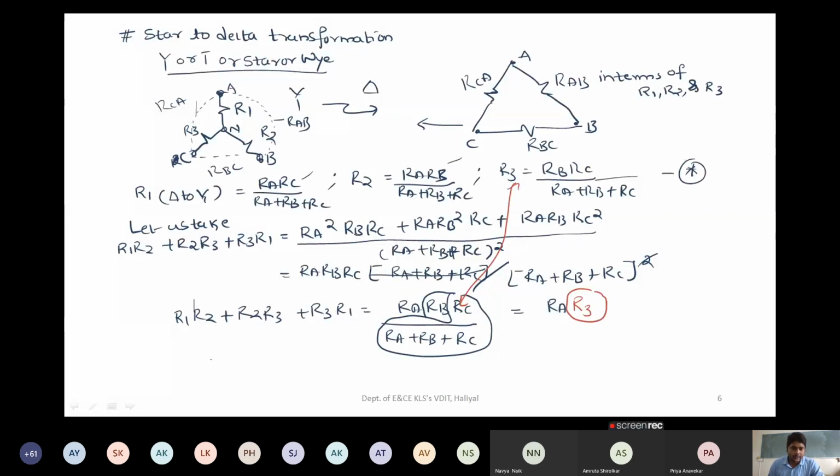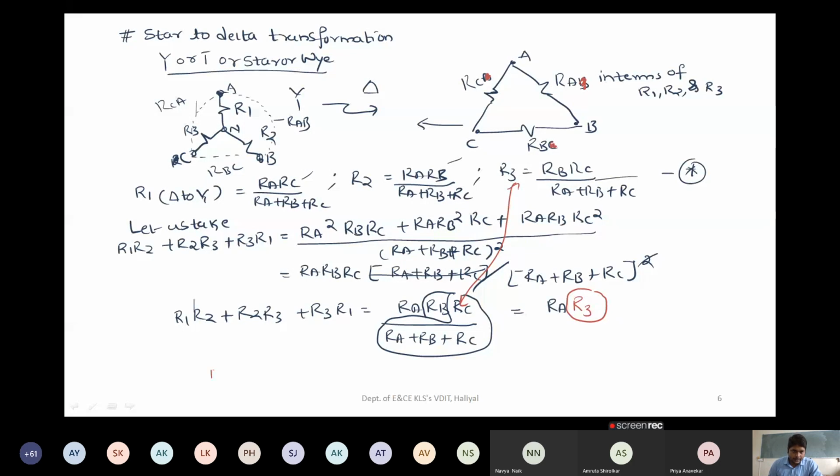So at the end, what I am getting now is I can define the equivalent of RA. Just for your reference, make these things a single term, RA, RB and RC. Now we are defining RA.